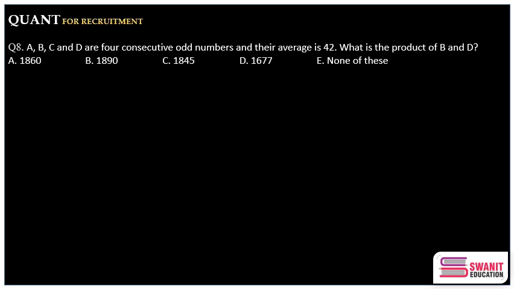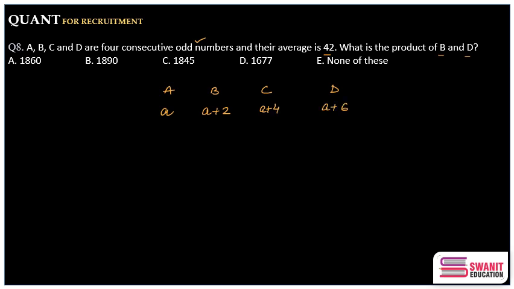A, B, C, D are four consecutive odd numbers and their average is 42. Find the product of B and D. So let's suppose there are four numbers A, B, C, D. My first number is A, and because we are talking about odd consecutive numbers, it should be A plus 2, A plus 4 and A plus 6.